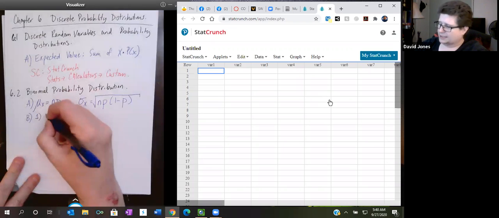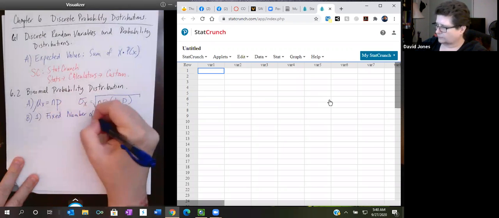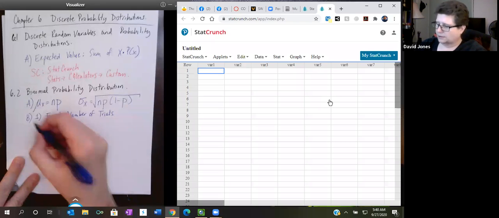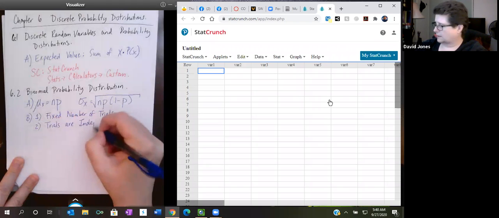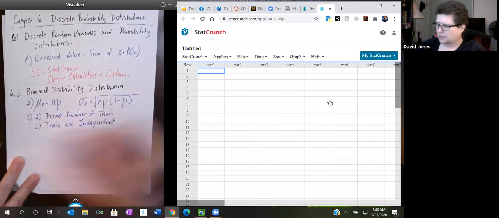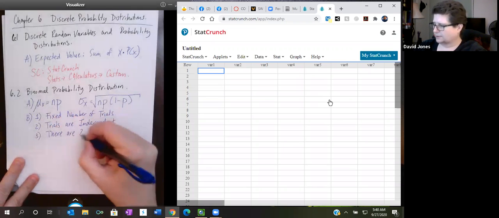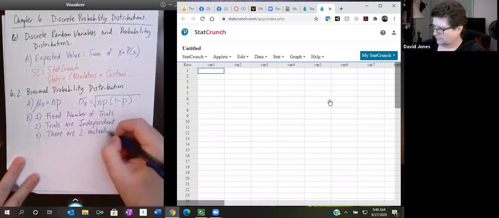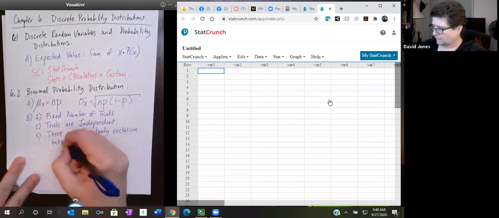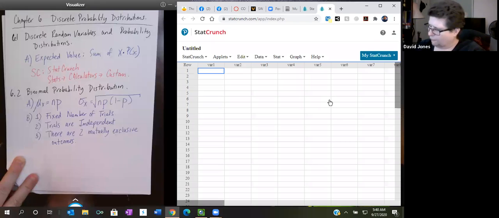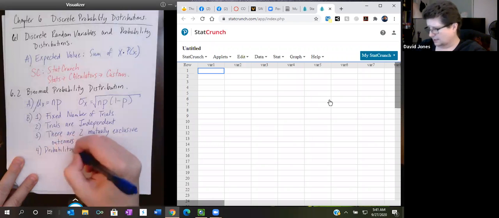So 1, there needs to be a fixed number of trials. 2, the trials are independent. 3, there are 2 mutually exclusive outcomes. 4, the probability has to be fixed between each experiment.